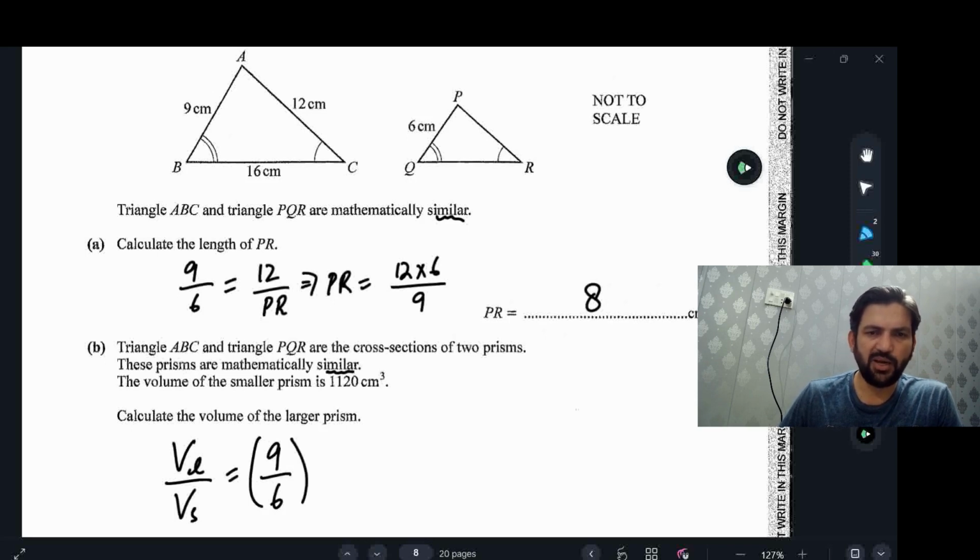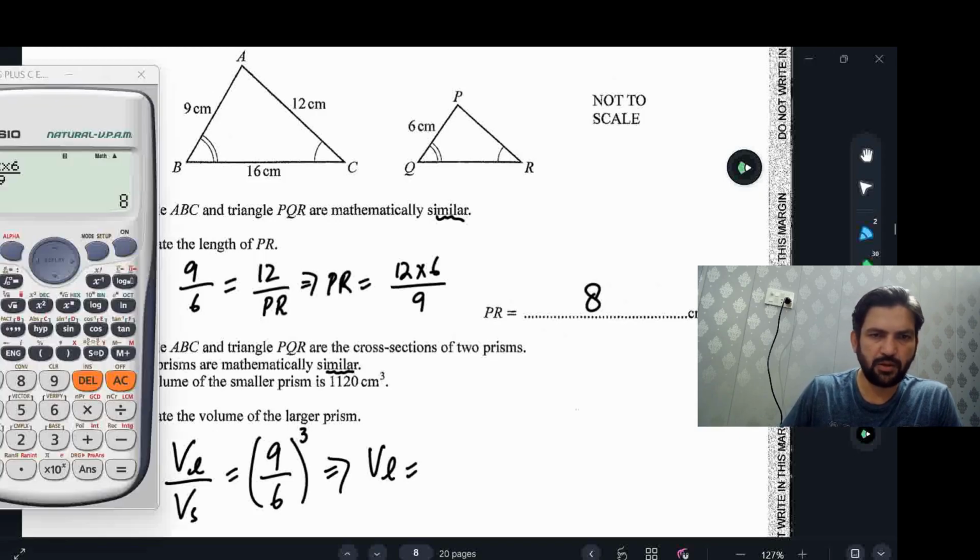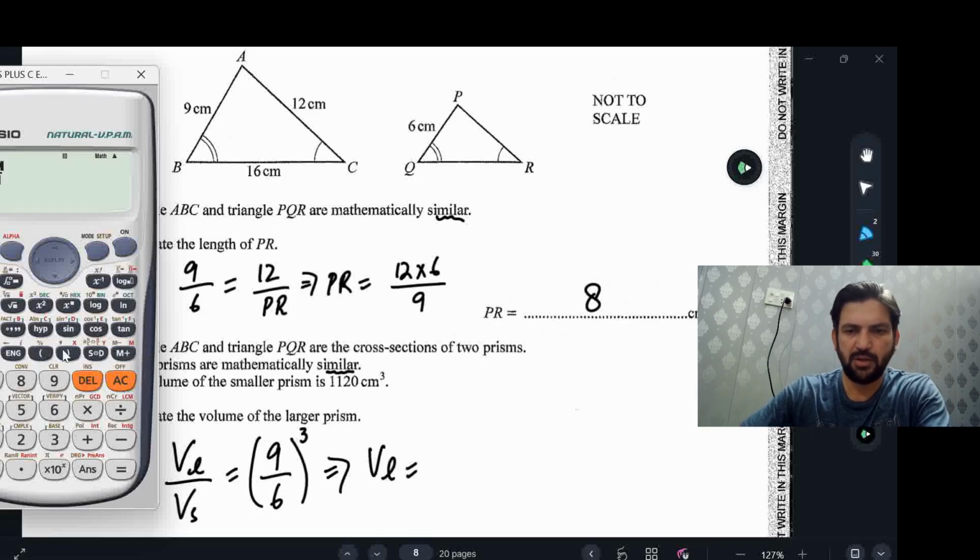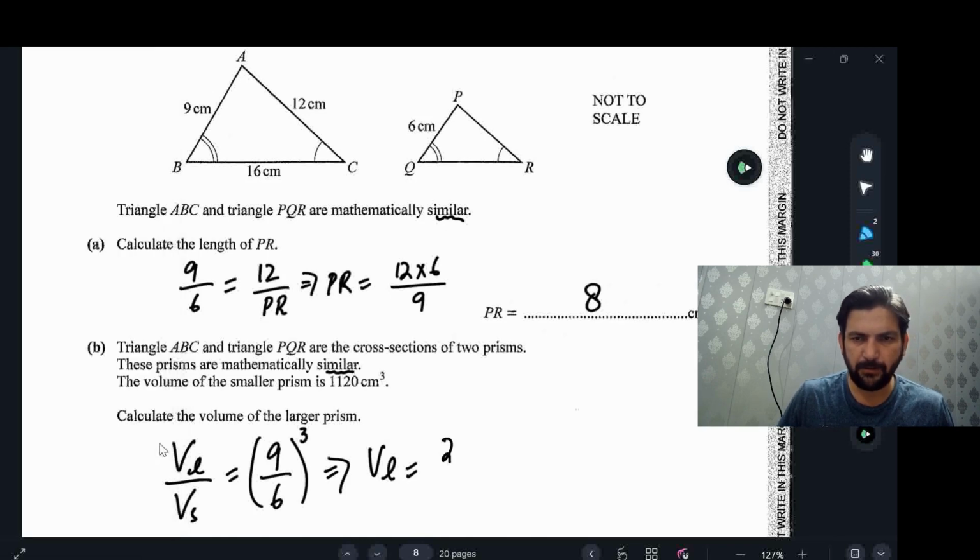Now as we are comparing the ratio with the length, we have to take the cube on both sides. So the volume of the larger prism will be equal to 9 by 6 whole cube, which is equal to 27 by 8, multiplied by the volume of the smaller prism.